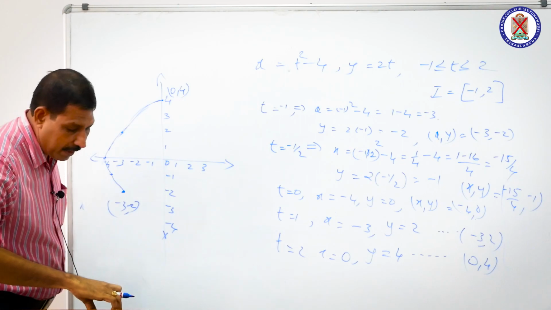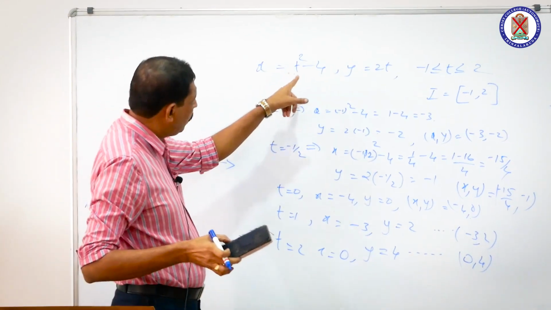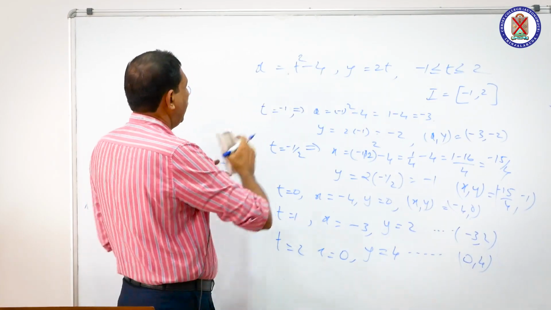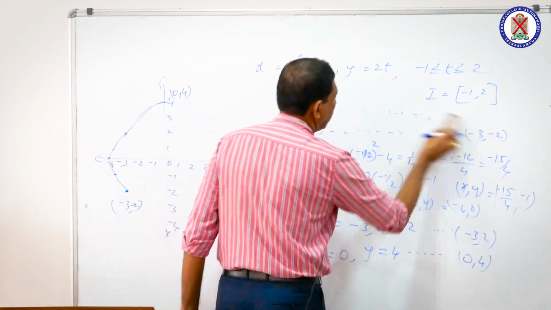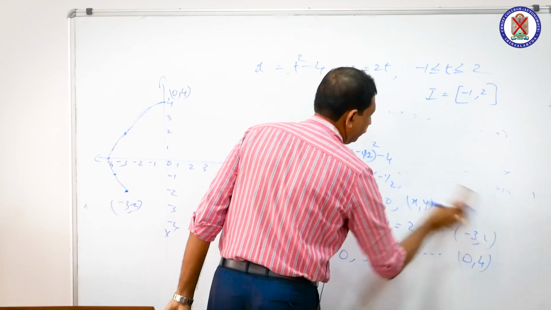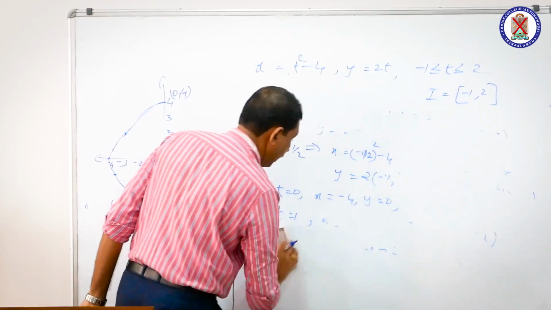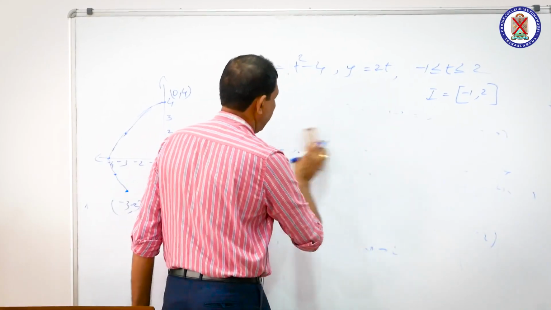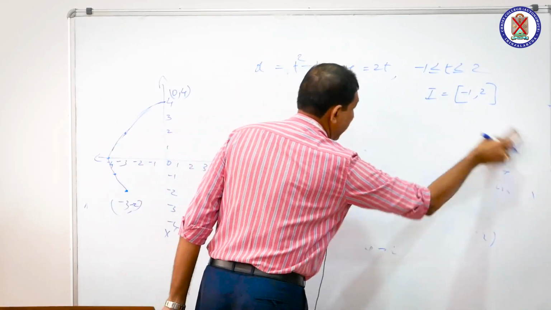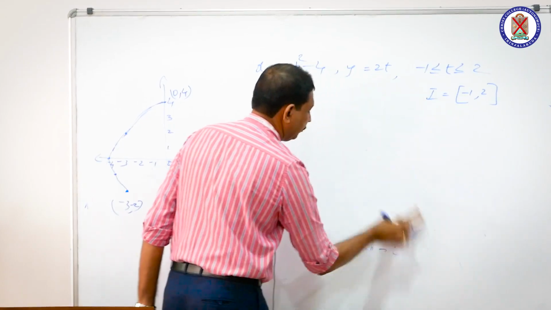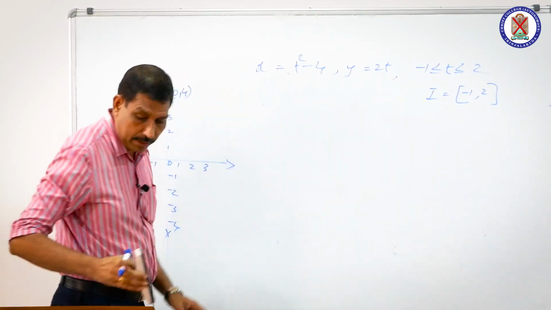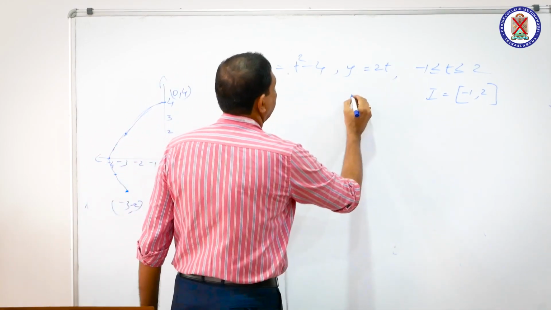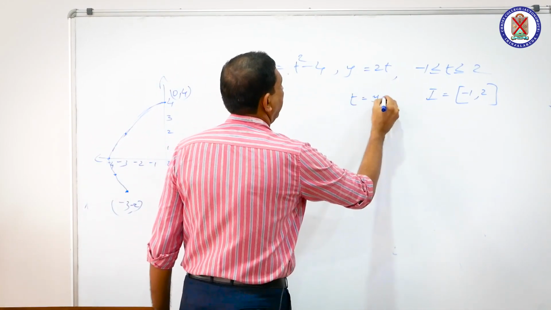And you know, this equation, that is x equal to t square minus 4, y equal to 2t, can be converted into the Cartesian equation by eliminating t between x and y. As you know, y equal to 2t, therefore t equal to y by 2.